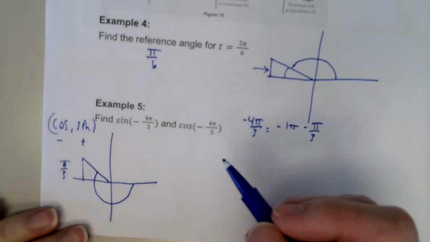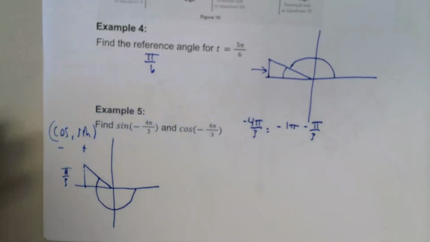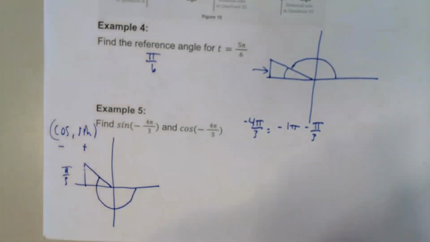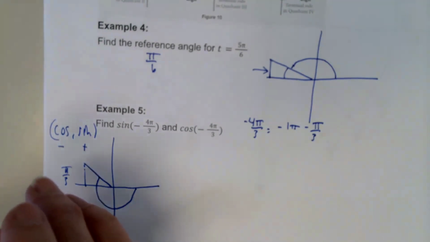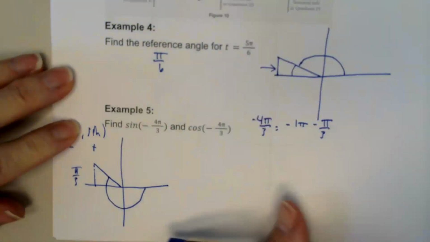Okay, so pi over 3 is our reference, and we looked at pi over 3 in our circle.